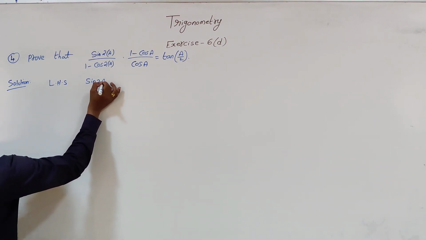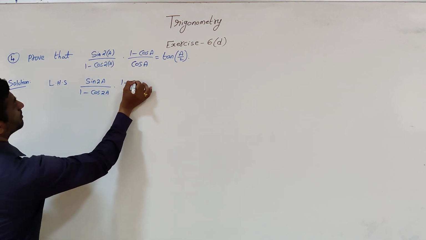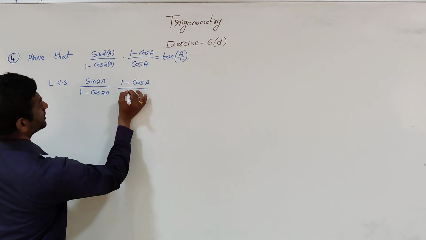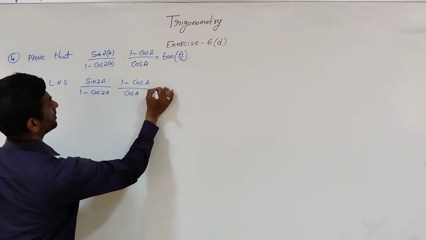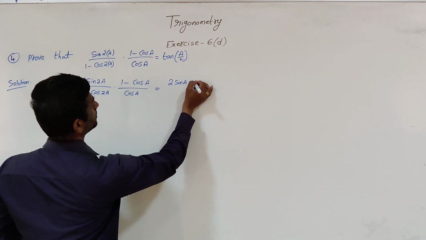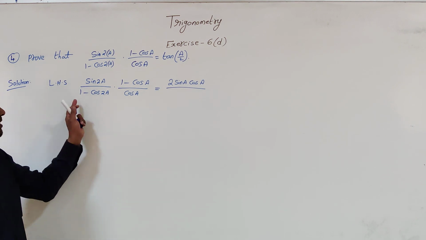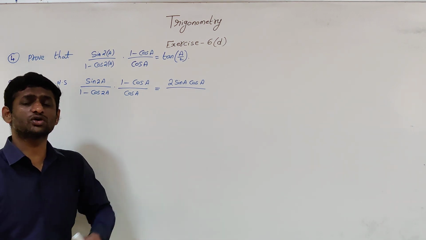sin 2a by 1 minus cos 2a into 1 minus cos a by cos a. We are just applying the formulas. sin 2a means 2 sin a cos a, by 1 minus cos 2a. What is 1 minus cos 2a?